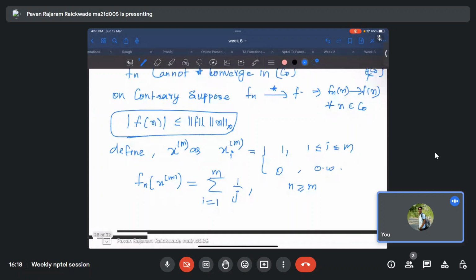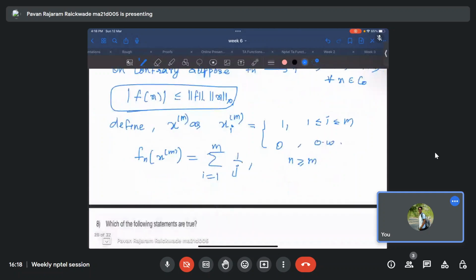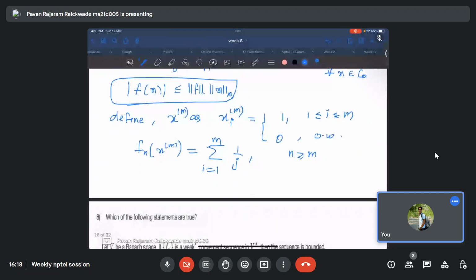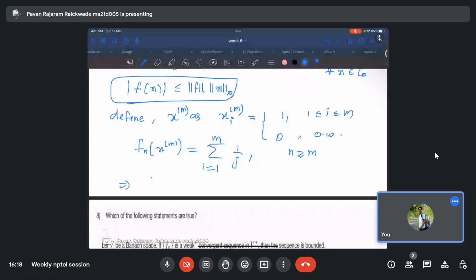So this xm is fixed. This is a constant now. Hence, Fn converges to f. That means modulus of f at xm is less than or equal to norm f, because norm xm is 1 for every m.